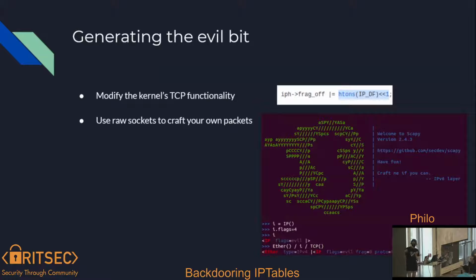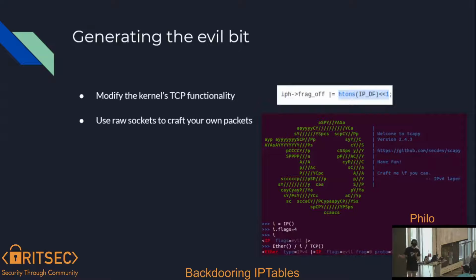In order to generate it, you either have to use raw sockets to produce your own IP packets, or you have to modify the Linux kernel itself, because for most normal applications, the whole TCP connection is handled by the OS, by the kernel.